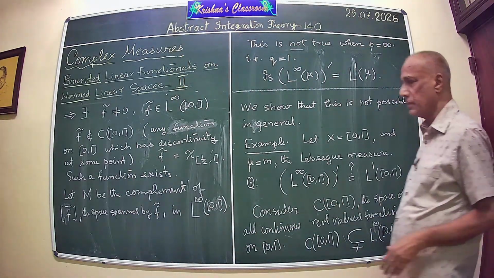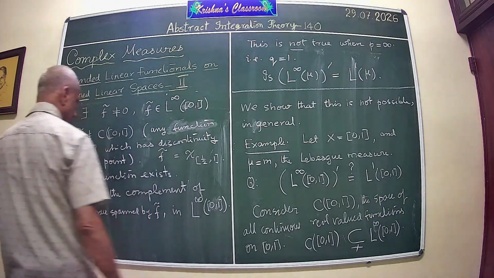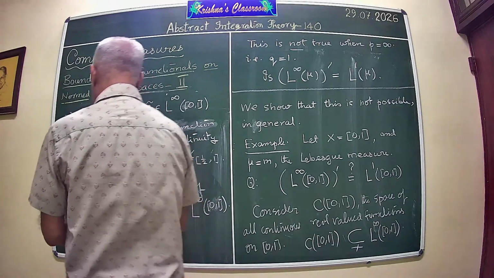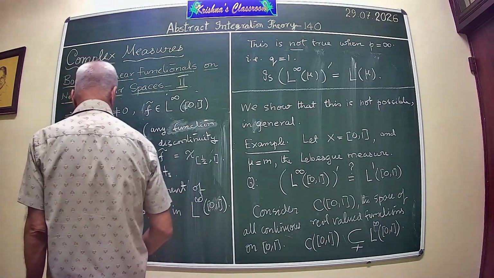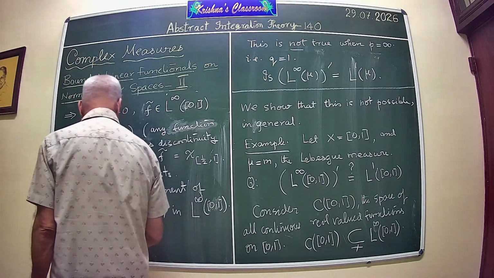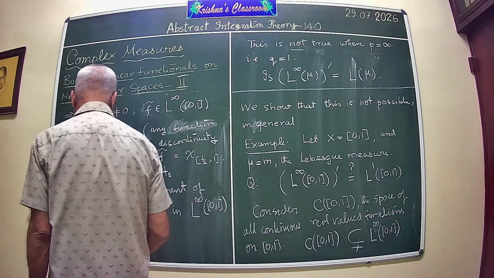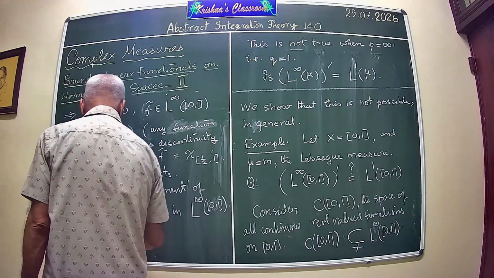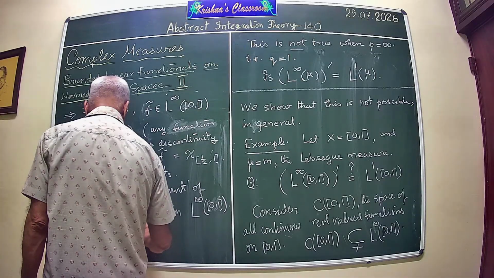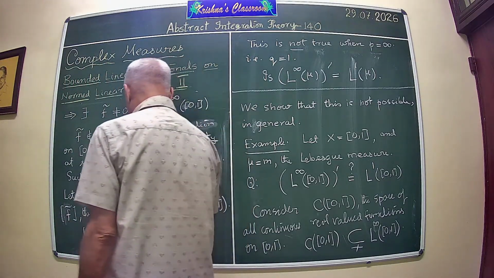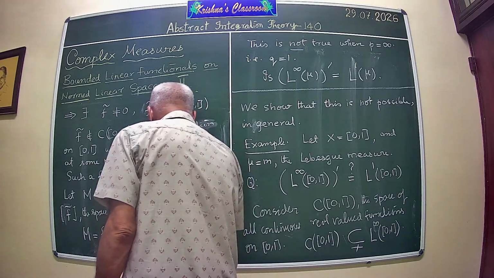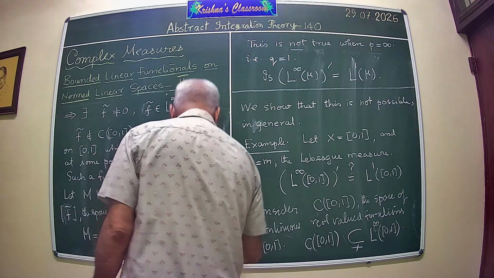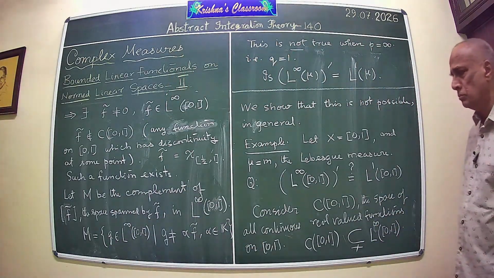Okay. So M is equal to the set of all G in L infinity [0,1] where G is not equal to some alpha F tilde for alpha belonging to the scalars.